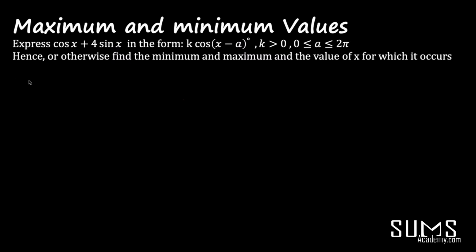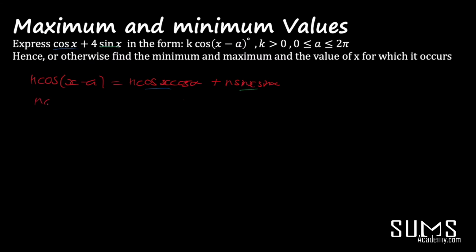Cool. So what you'd want to do is just solve this question like any other question. So you want to expand out the trig function. So this becomes k cos x cos alpha plus k sin x sin alpha.